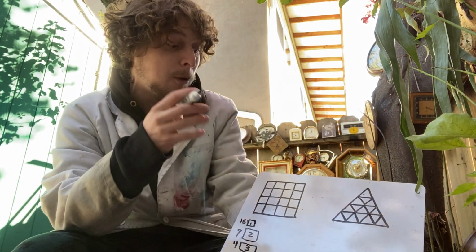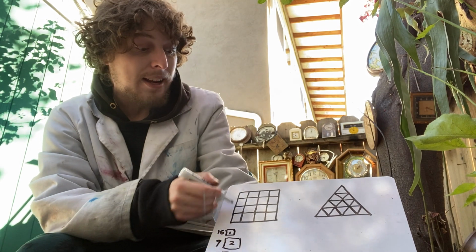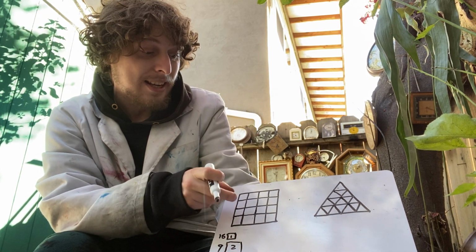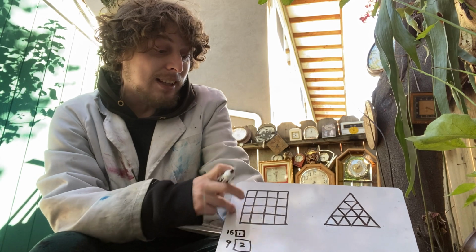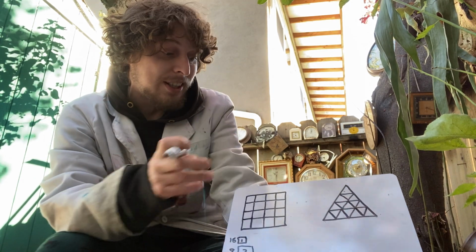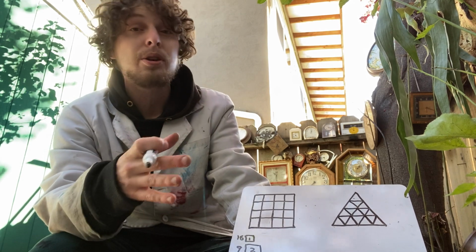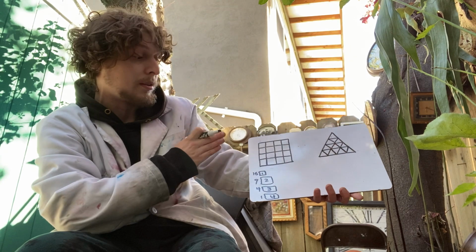So that's pretty cool, and we can see that in general, it's true if I make a square grid like this, and it has a side length of n squares on each side. It will be the sum of the first n squares, also known as the nth square pyramidal number, how many total squares are in it.